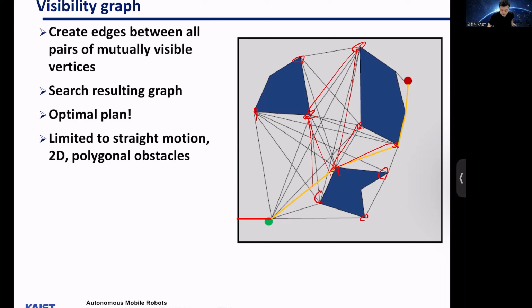And it's going to be pretty close to an optimal roadmap, resulting in an optimal plan. But this is limited to straight motion, so we can only have straight motions between the vertices, and it's suitable for 2D and polygonal obstacles.